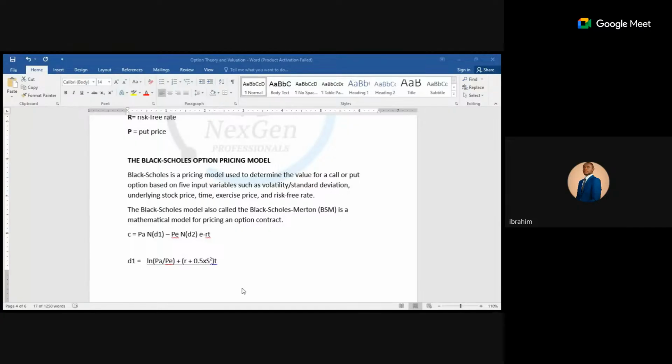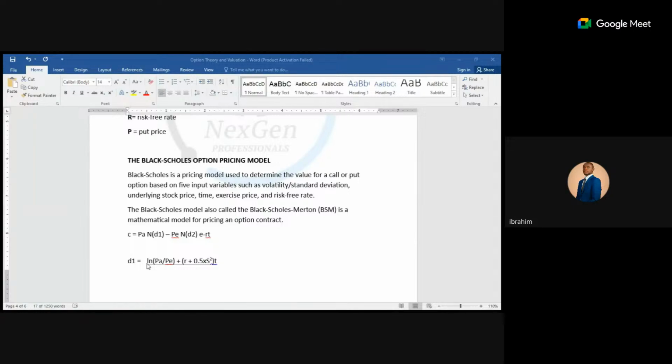Class, the value of call option calculated under the Black-Scholes model, the value of call option using the Black-Scholes model, is what we call the call option premium.